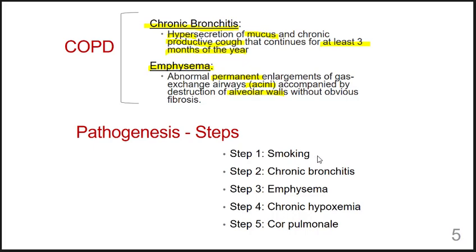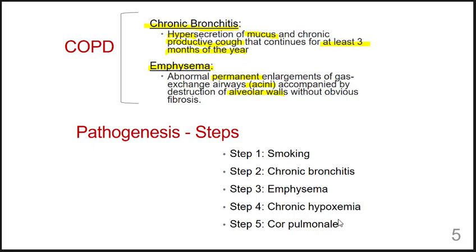Of course, exposure to other noxious chemicals or gases can also be step 1, but as we said, 80 to 90% is smoking related. Step 2, we have the development of chronic bronchitis. So somebody, once they're diagnosed with chronic bronchitis, is now on their way to having COPD. And then step 3 is emphysema. So we know that these are the two phenotypes that exist as part of COPD.